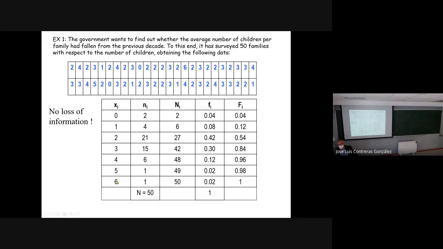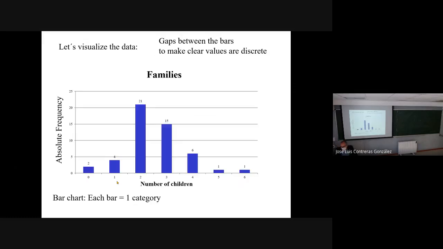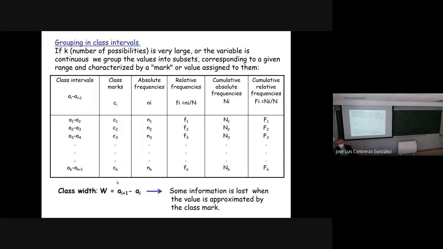Imagine we have 600, we cannot draw this table. So we group the possible values of the variable in classes, and these classes are defined by a lower limit, a sub i, and an upper limit, a sub i plus 1.